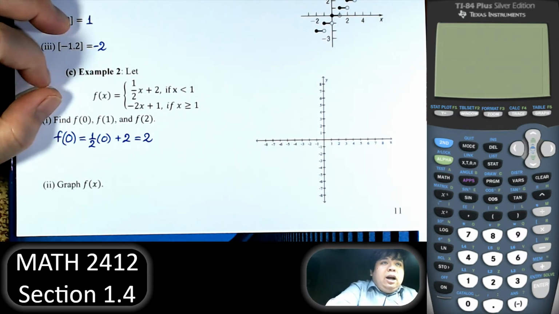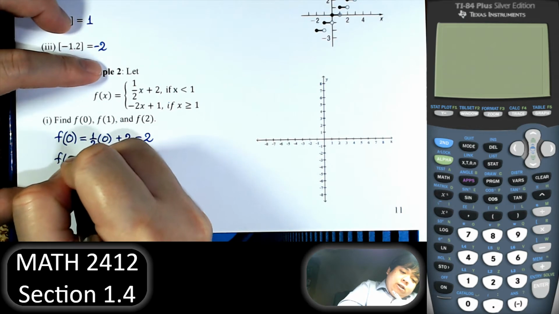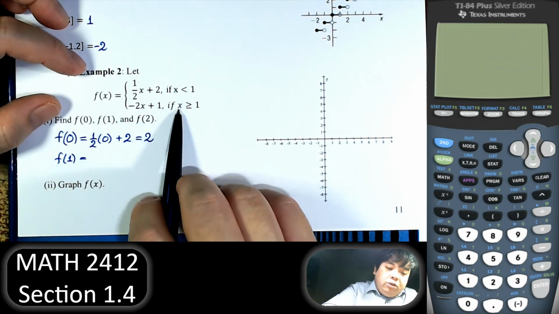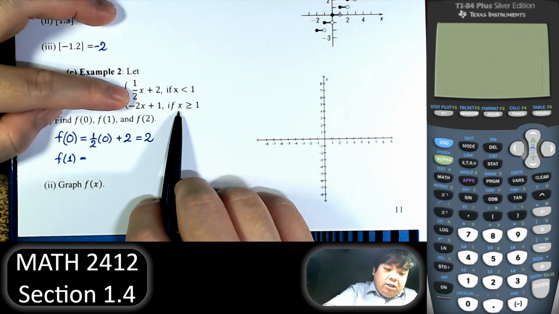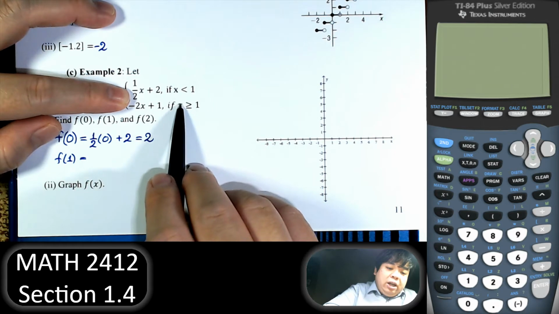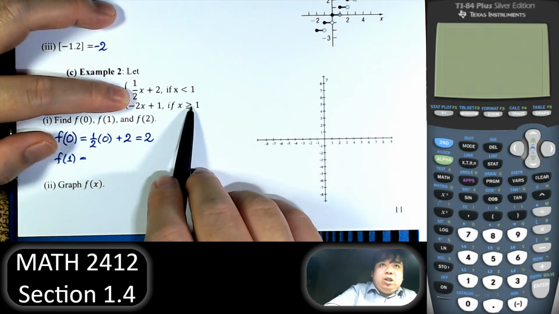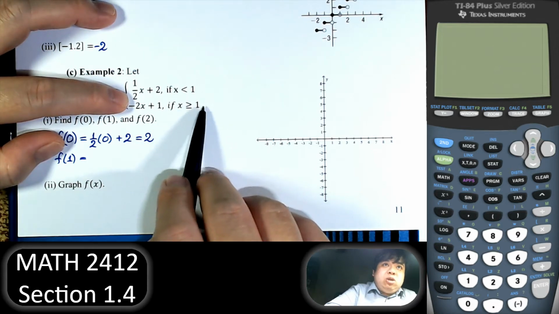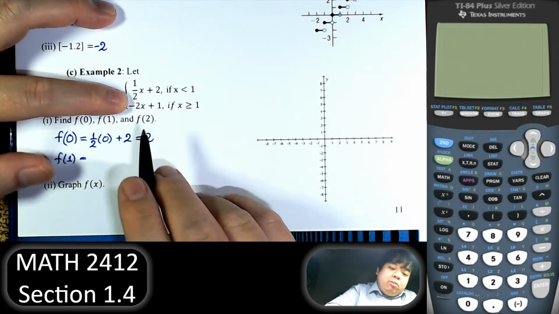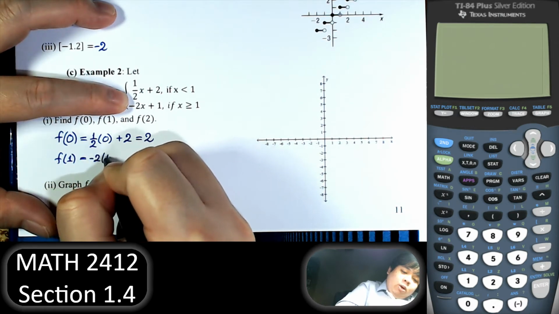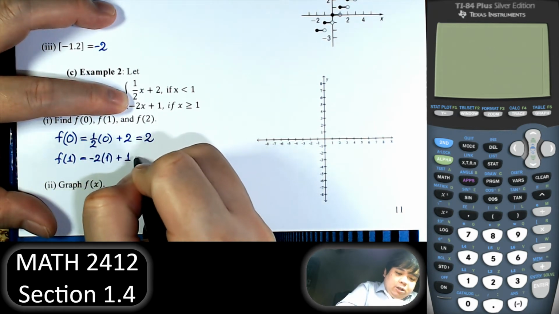Next, f of 1. We need to choose the function whose condition is satisfied. Here we have an equal sign. If we put 1 in, 1 is greater than or equal to 1, which is true because of the equal sign. So that checks, and we use the second part of the definition: negative 2 times 1, plus 1.